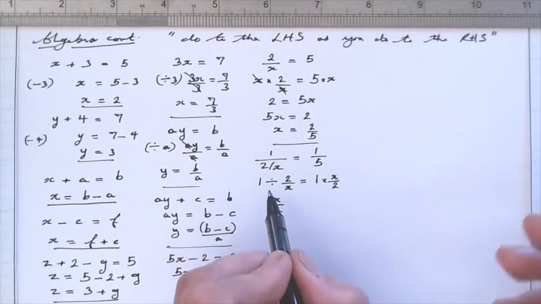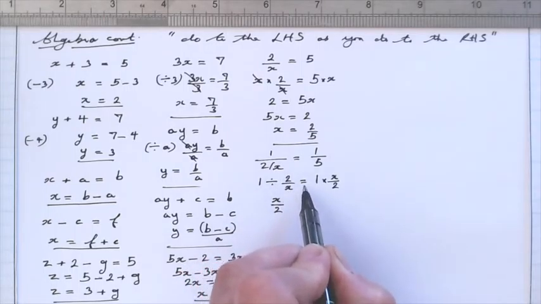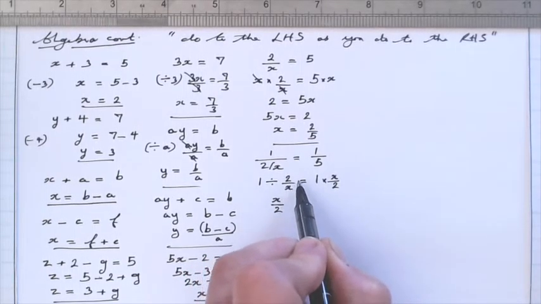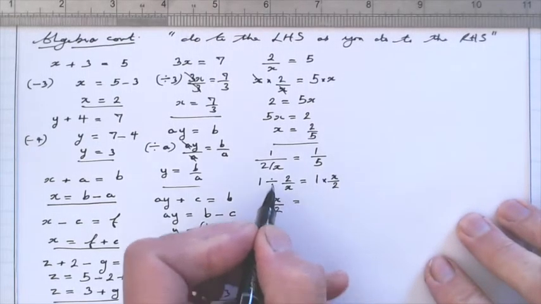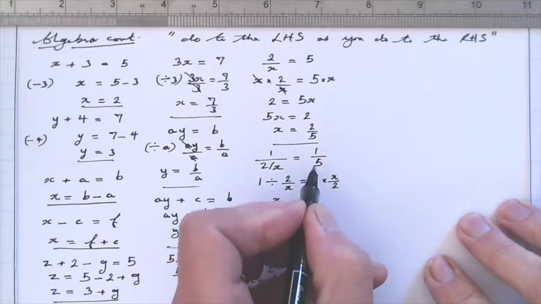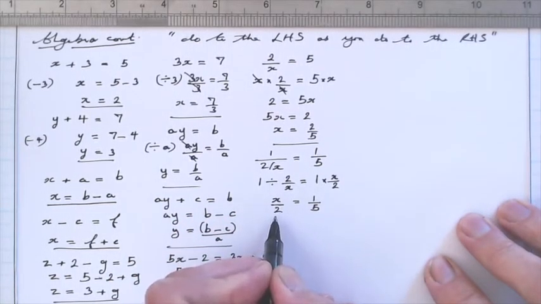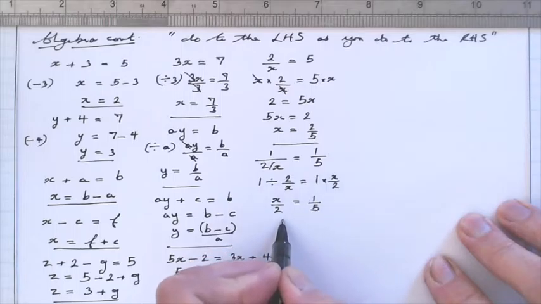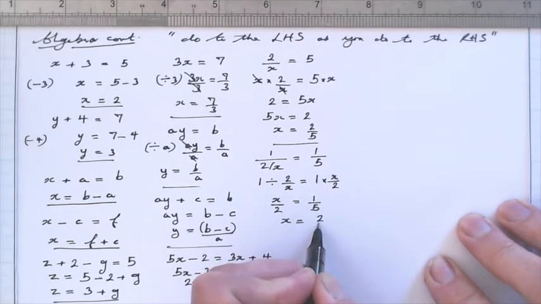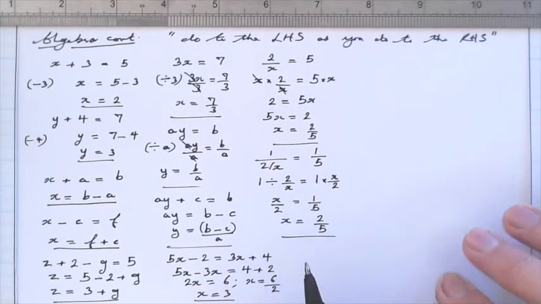Be confident, remember your fraction division rules. It literally means 1 divided by 2 over x. We know that's 1 times the flip of that fraction, x over 2. So 1 over 2 over x is x over 2. We have this equal to 1 over 5. Multiplying both sides by 2, effectively this goes upstairs to here. And you see, we have the same answer.